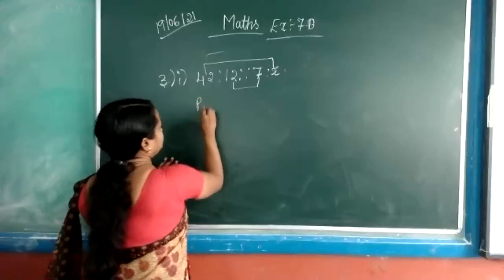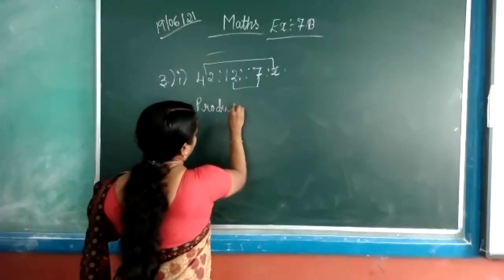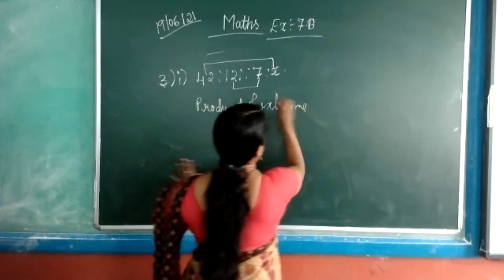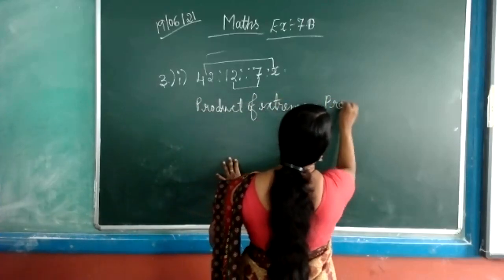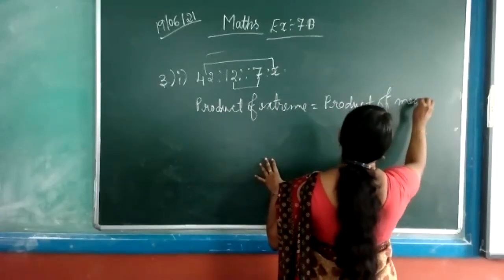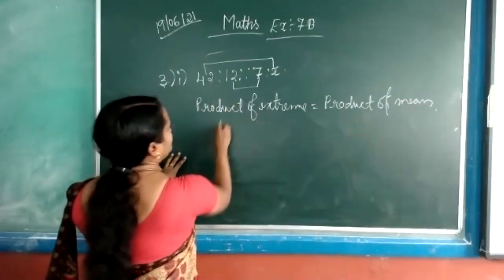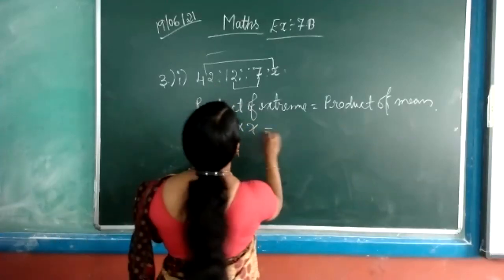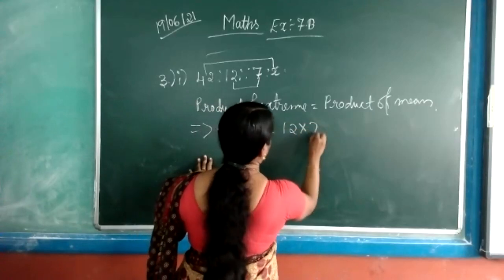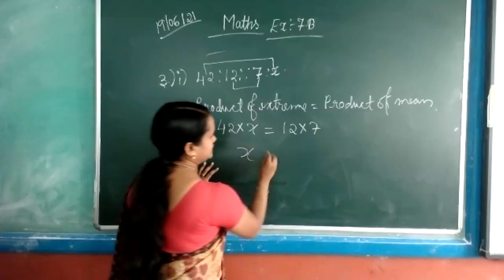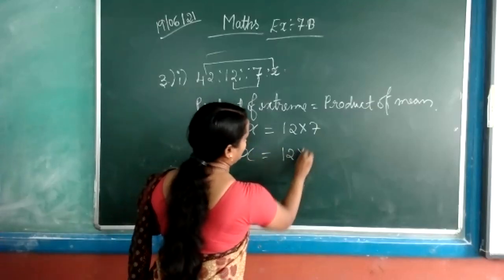Product of extreme equals product of mean. Okay. Now 42 into x equals 12 into 7. Clear? Remaining part very easy. x equals 12 into 7 over 42.